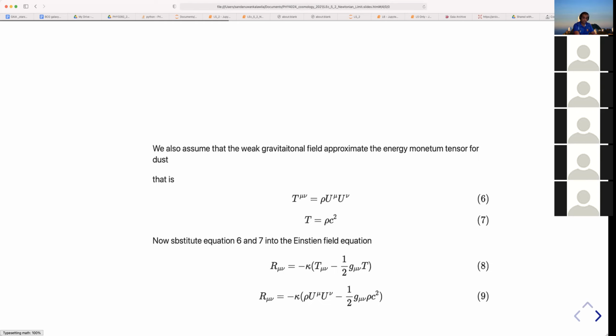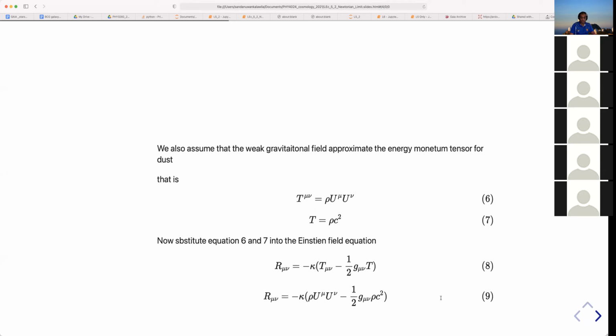So let me go back here. The equation 9 is right here. There you have the field equation, and I substitute the energy momentum tensor and this value of T here to the equation. And now what we have here is this equation, and inside that you can see that there is the metric tensor G mu nu, right?